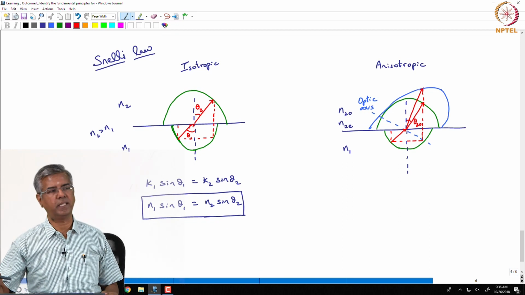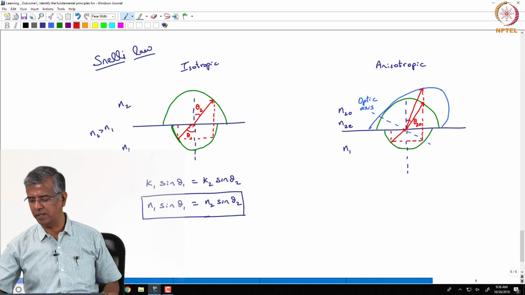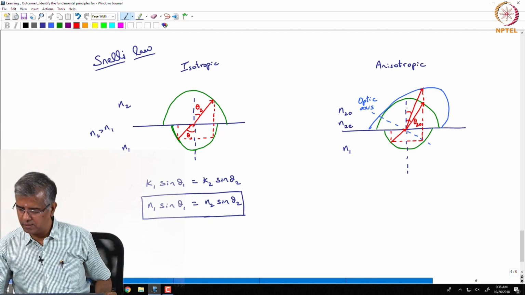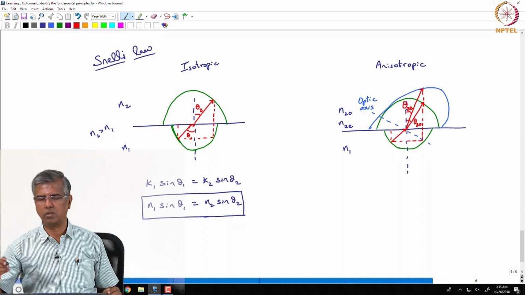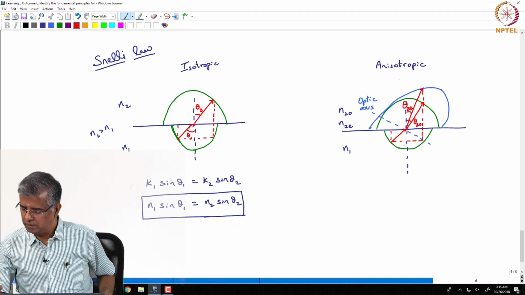If you project the tangential components, then you have this angle which we can call theta 2E, which is also called the extraordinary ray.